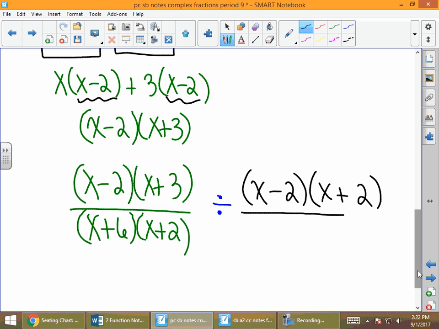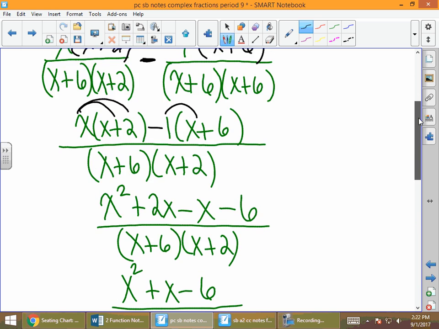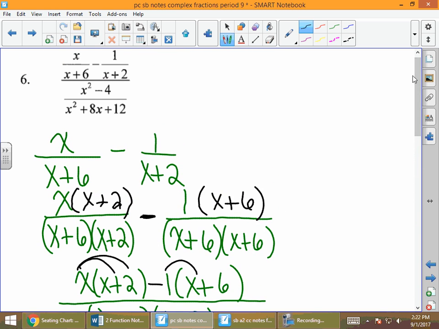But we have to do a little bit more work on x squared plus 8x plus 12. So what we're looking for is factors of 12 that combine to be 8. Do we have any? Yes. Plus 2x and plus 6x.